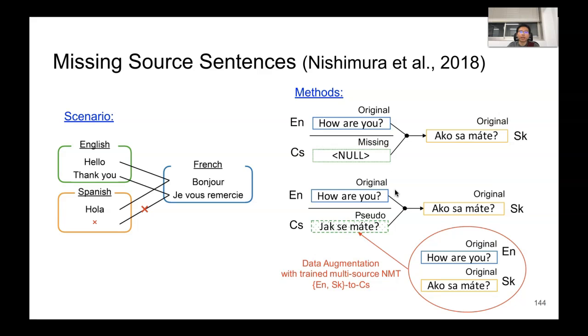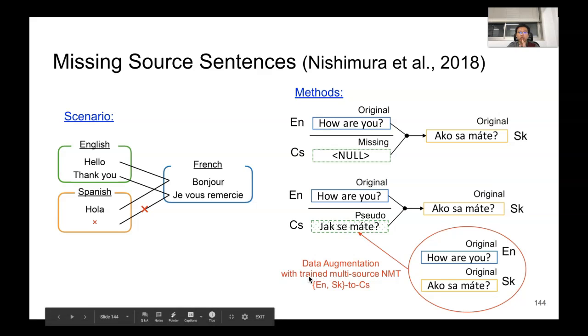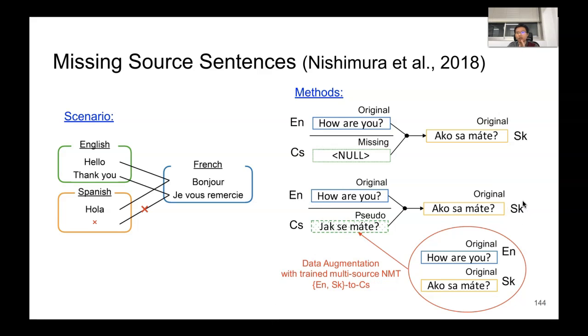Another way is that they do data augmentation. We first train a multi-source NMT system by using the English and this other language, because we have a part of this Spanish, this corpus as well, right?